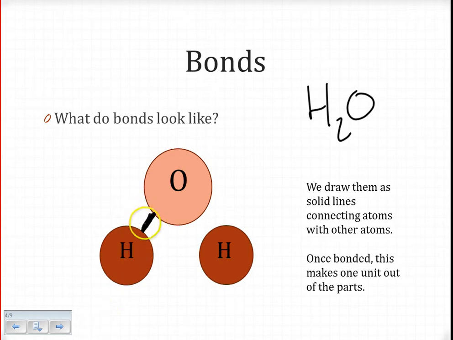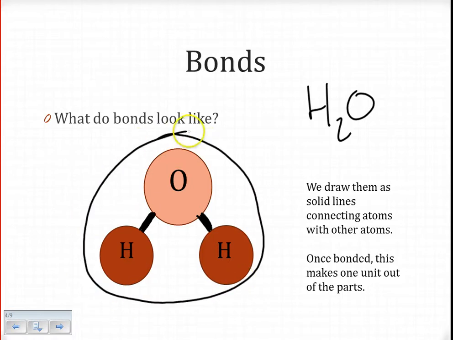But the idea is this is a very strong connection between the two. So that's a bond. And here's another bond. So this whole unit is now considered to be one big thing, and we call this a molecule. That molecule is held together with these bonds, so it makes this whole big thing one part.